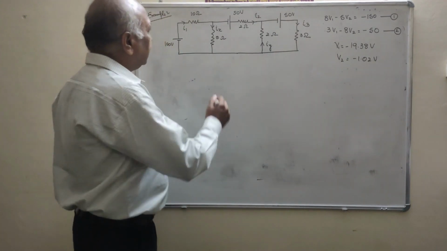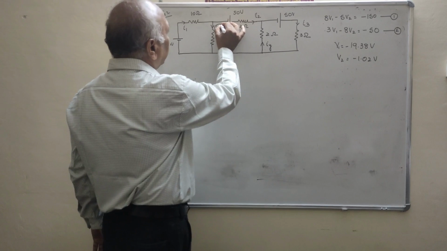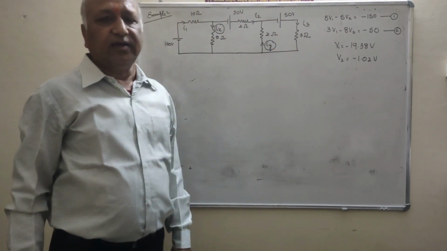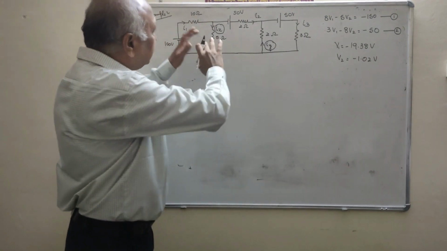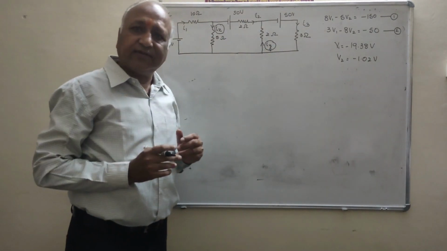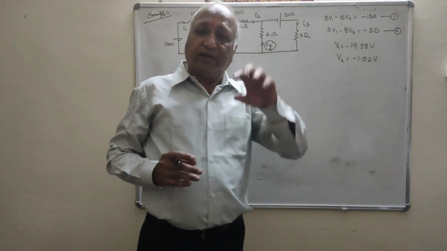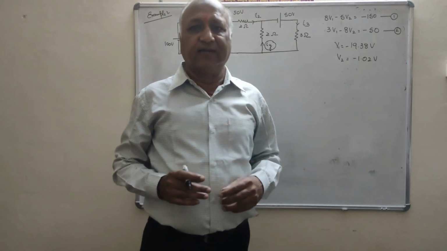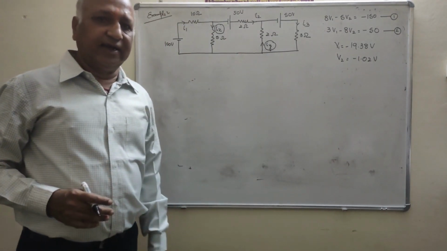Basically, in examination, the question is to find the value of Ix and Iy using nodal analysis. If you see, it can be solved with the help of mesh analysis. But when the examiner says that you have to solve this problem with the help of nodal analysis, that means we have to apply nodal analysis.